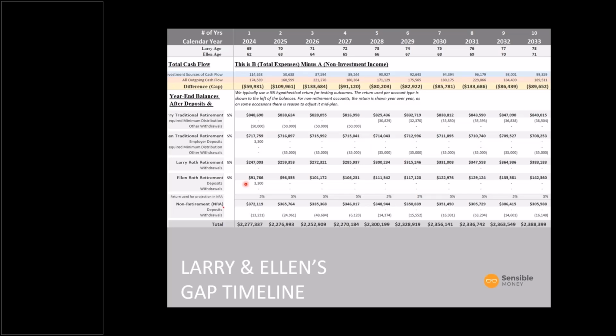And so you're going to see exactly a $3,300 difference between this gap here and if you were to add up these two withdrawals. So basically, it's like taking money out of one IRA account, but $3,300 of it was going back into her workplace plan just so she could get the match. And then you'll see the employer deposit. This is the match portion, so it wouldn't come out of this couple's cash flow.